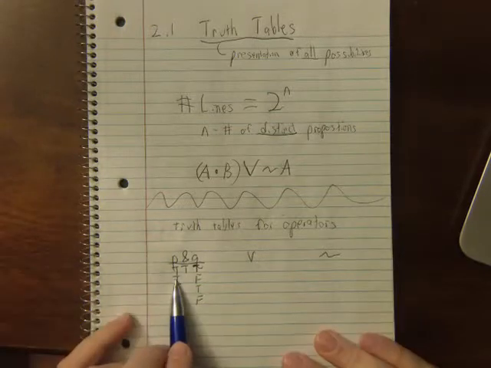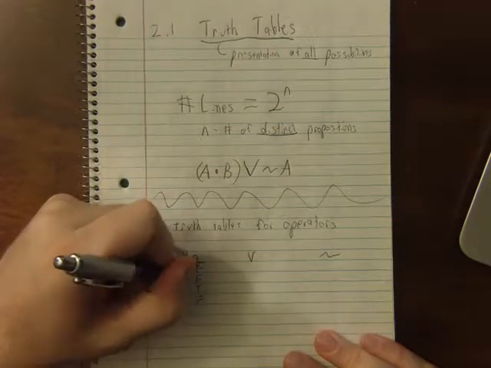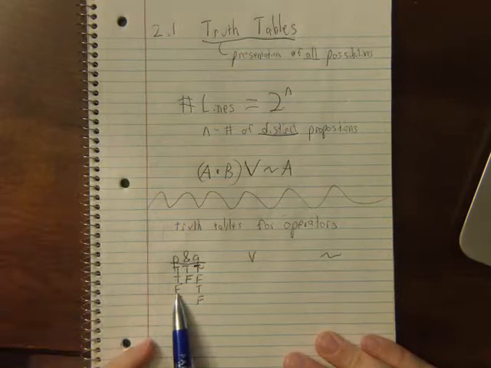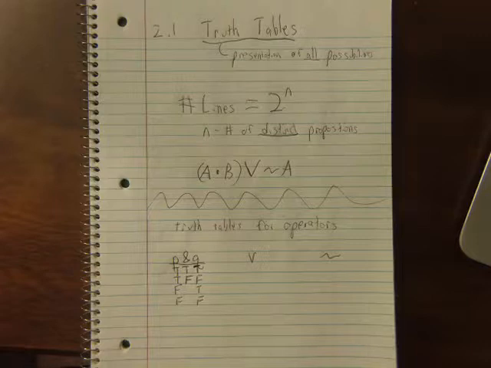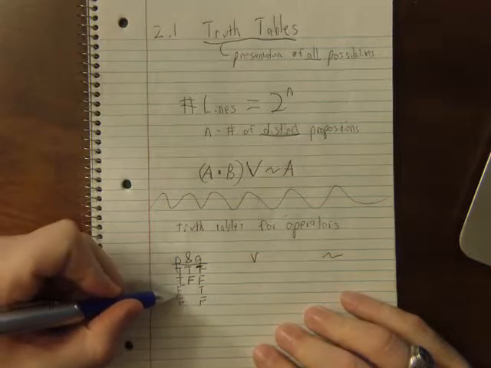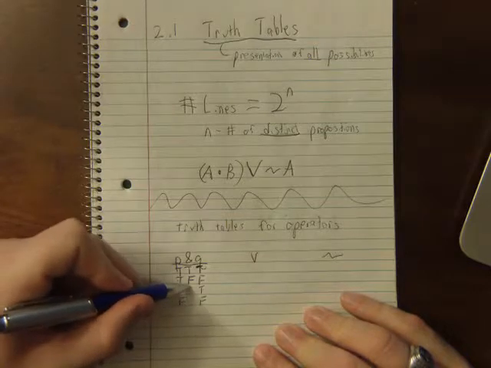Not P. Well, what's our N here? We only have one thing. And so that requires 2 to the first power, which means we have a 2-line truth table, which means P is true or false. Well, take something as true and negate it. Mickey is over 6 feet tall. That's true. What about the statement Mickey is not over 6 feet tall?